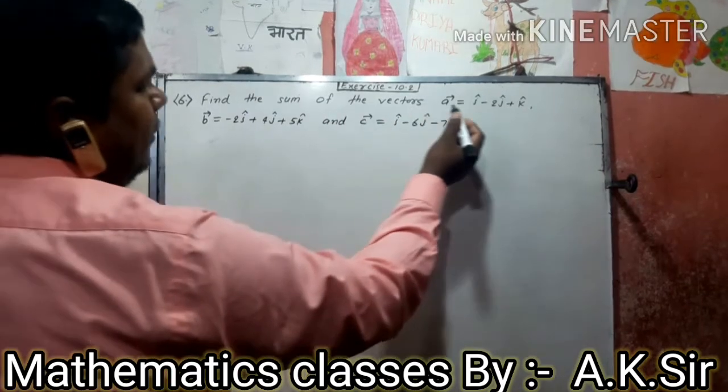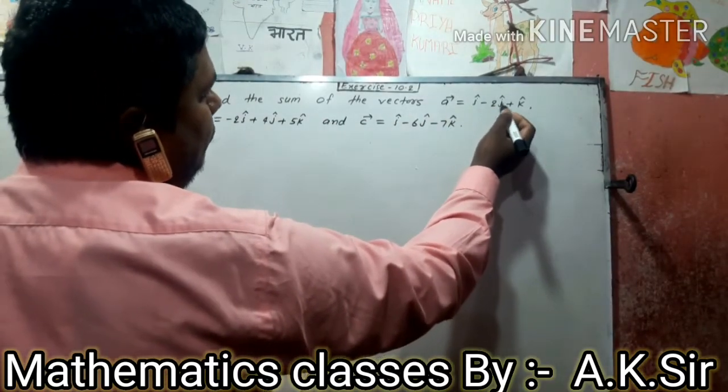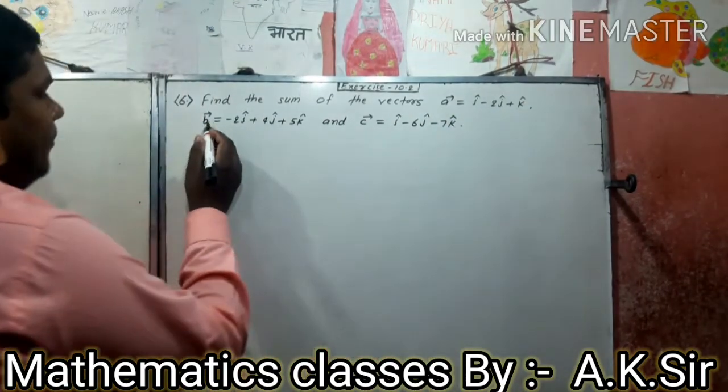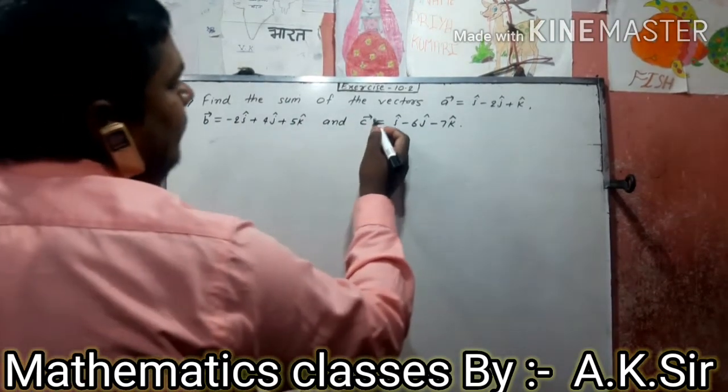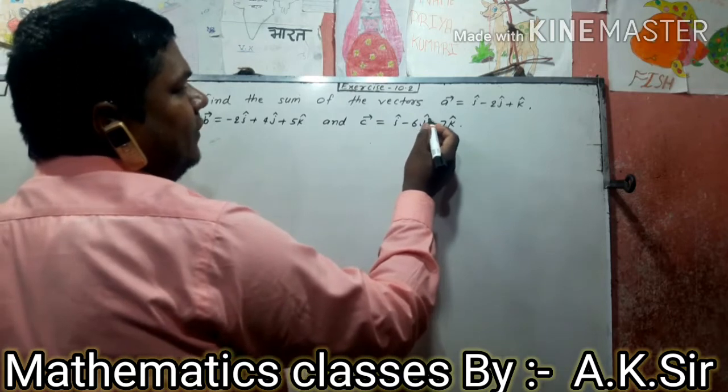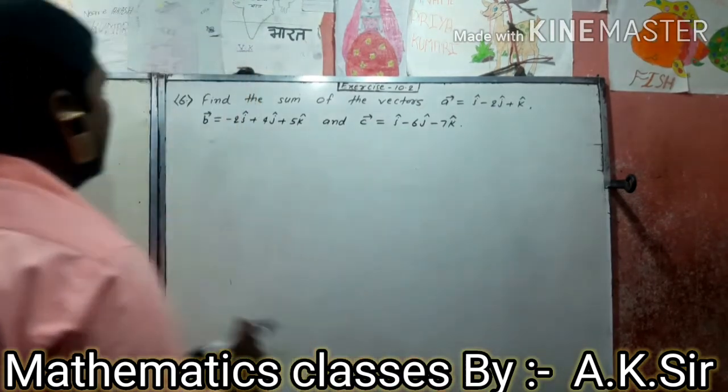Question 6. Find the sum of the vectors. A vector is equal to i cap minus 2j cap plus k cap. B vector is equal to minus 2i cap plus 4j cap plus 5k cap, and C vector is equal to i cap minus 6j cap minus 7k cap.